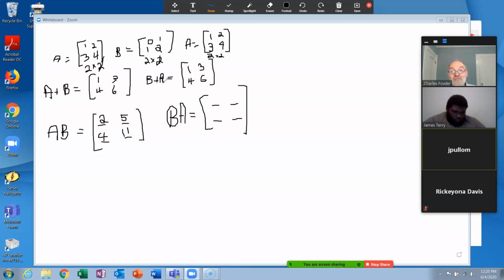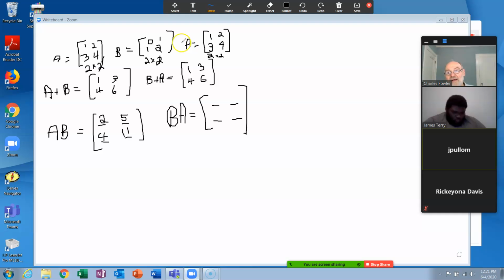And what we're doing is matrix multiplication of this matrix B up here by this matrix A here. We've already multiplied A times B, and this is our result. Now, to multiply B times A, I write down the size of both matrices.